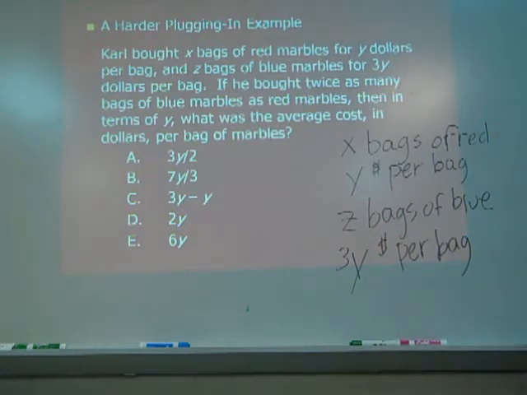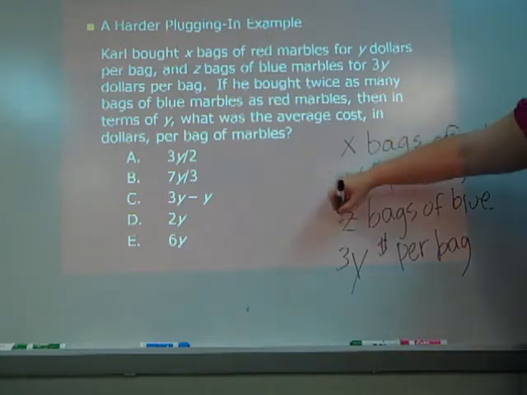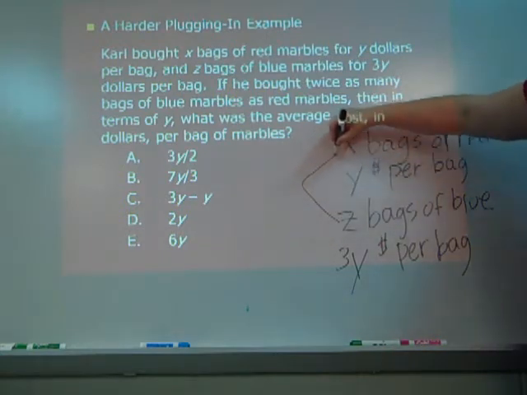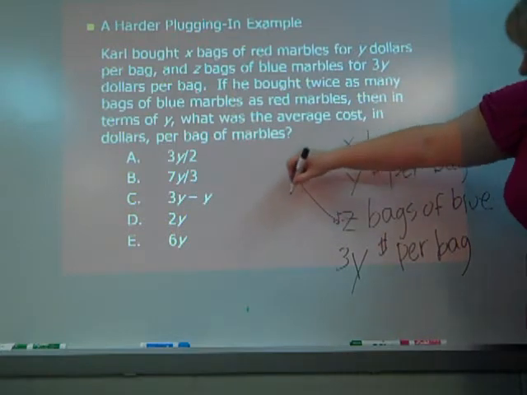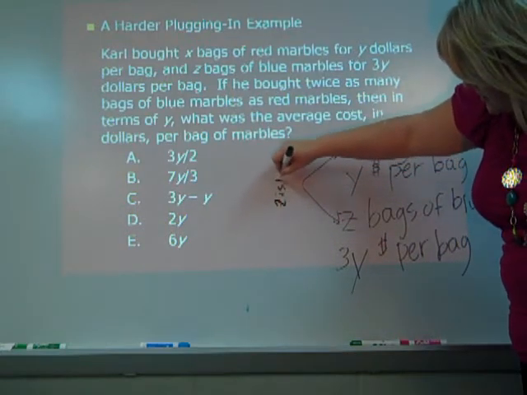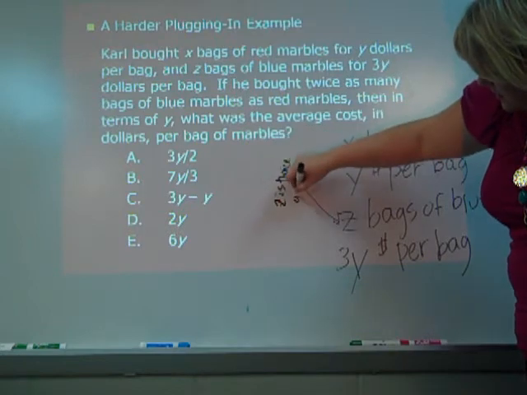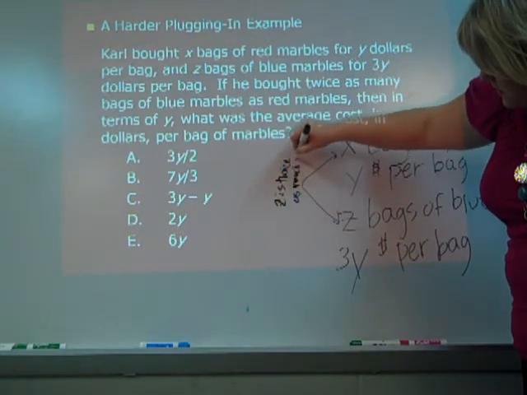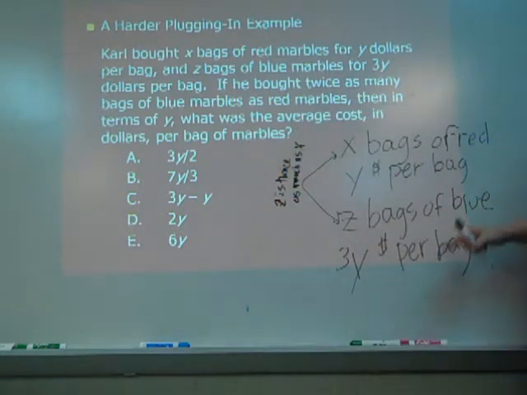And there's one other thing we have to make sure of. It says he bought twice as many bags of blue marbles as red marbles. So we have to make sure that Z is twice as much as X. He bought twice as many bags of blue as he did of red. So Z needs to be twice as much as X.